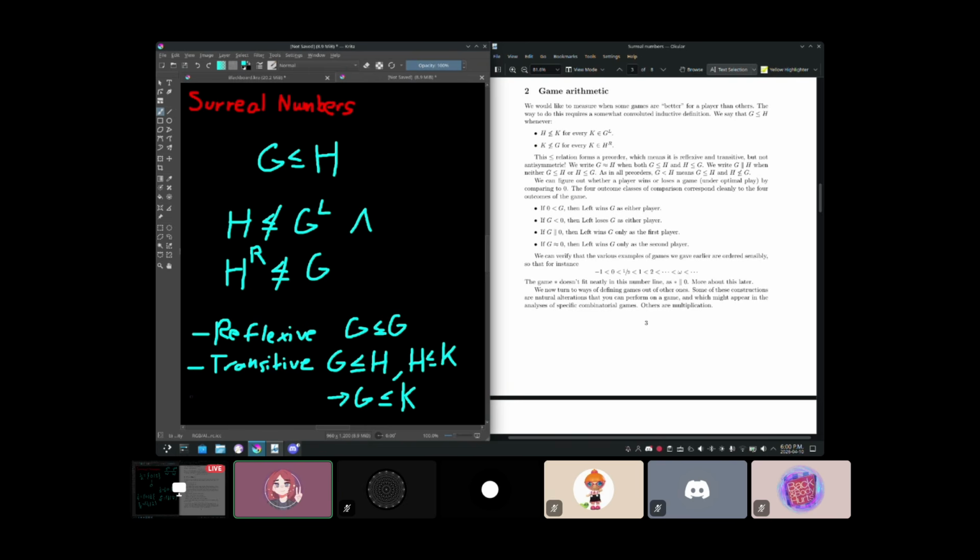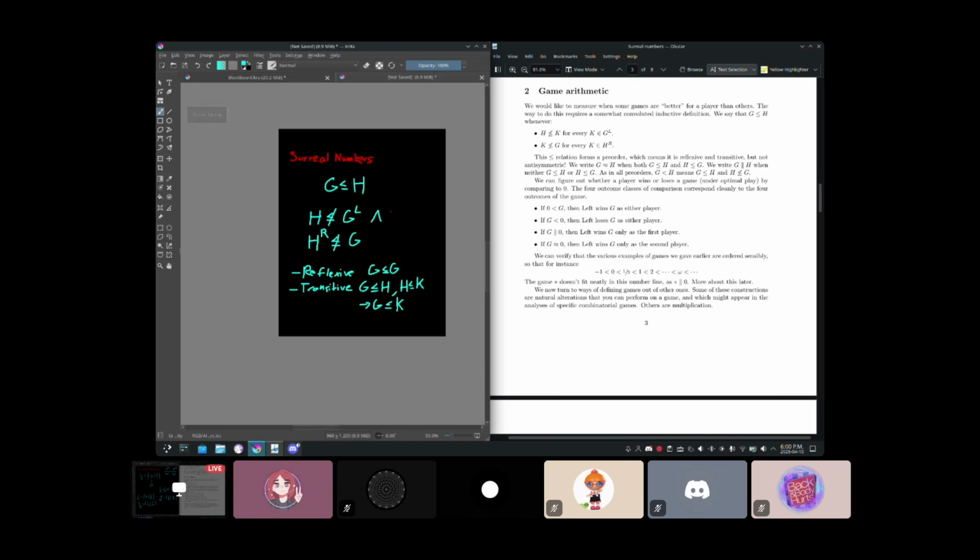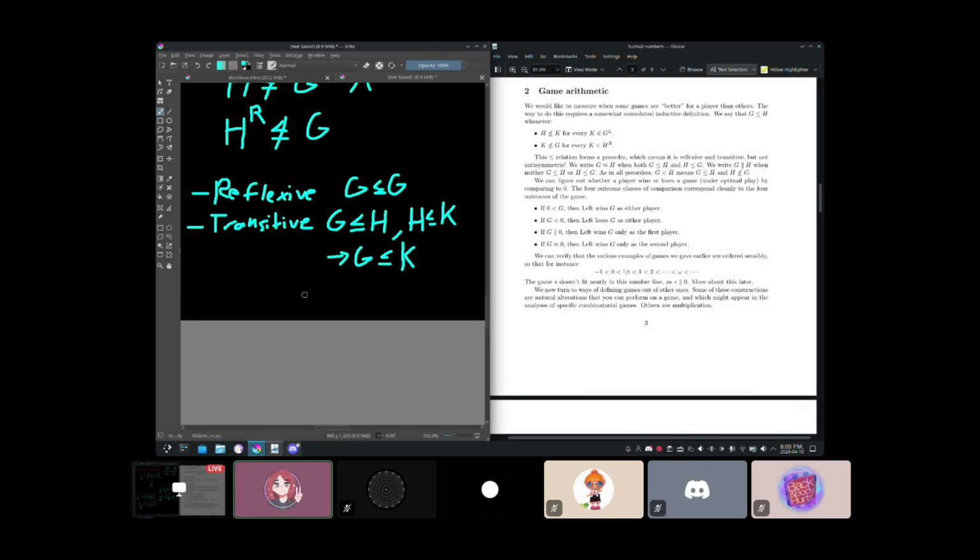Do we have anything else? No, not really. And this is why I said that equality was kind of a thorny concept. Because in the literal sense, we don't really have antisymmetry. What antisymmetry means is, I'm running out of space here, I'll write it down here.